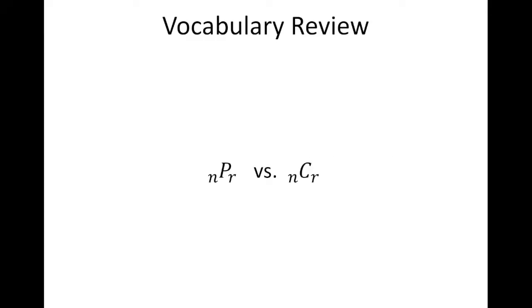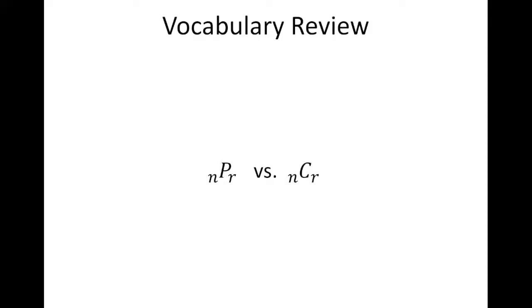nPr versus nCr. These are notations for permutations and combinations. nPr is when we have n distinct objects and we want to order them r at a time, versus nCr, which is having n objects and we want to select them r at a time.